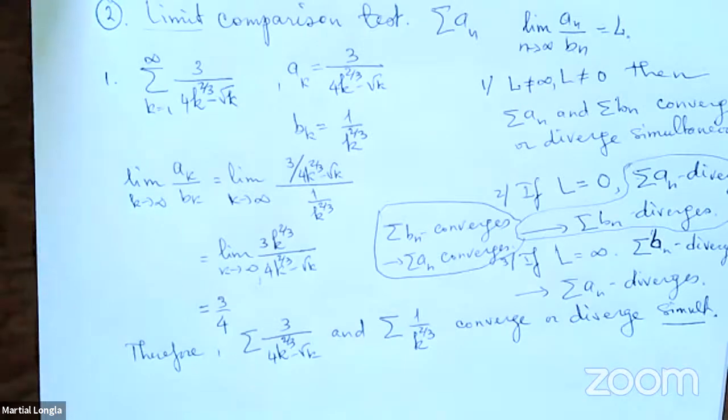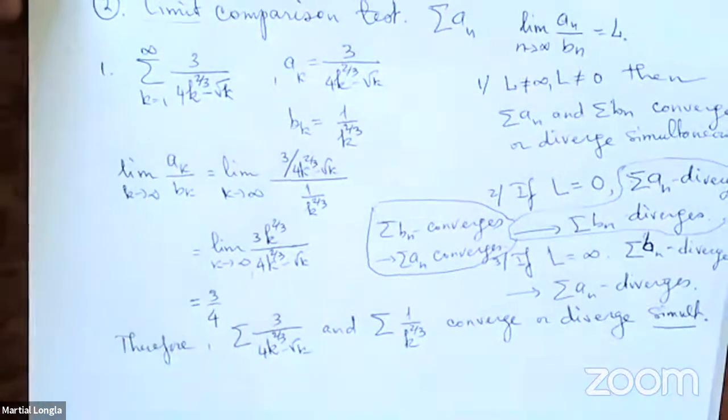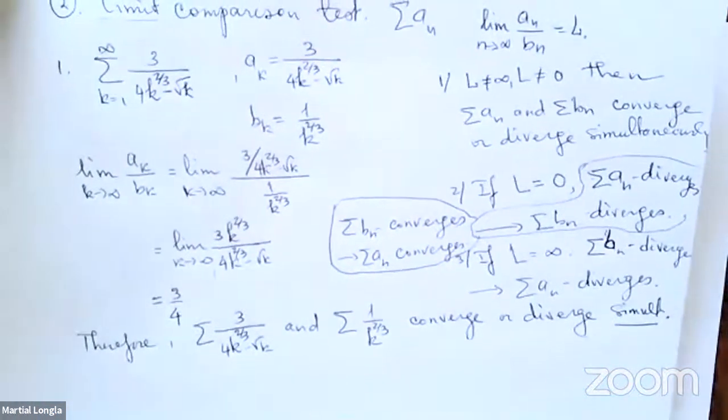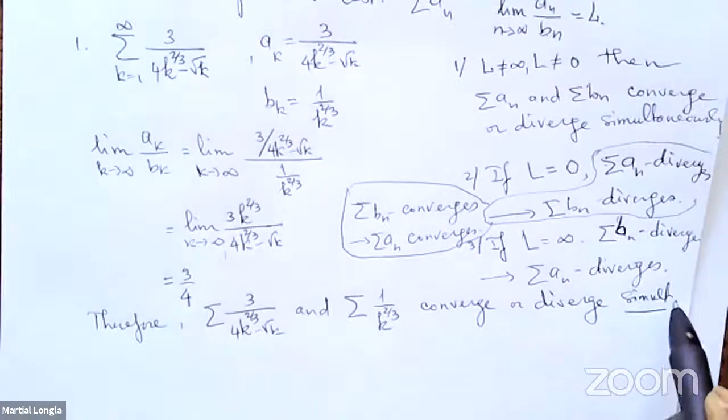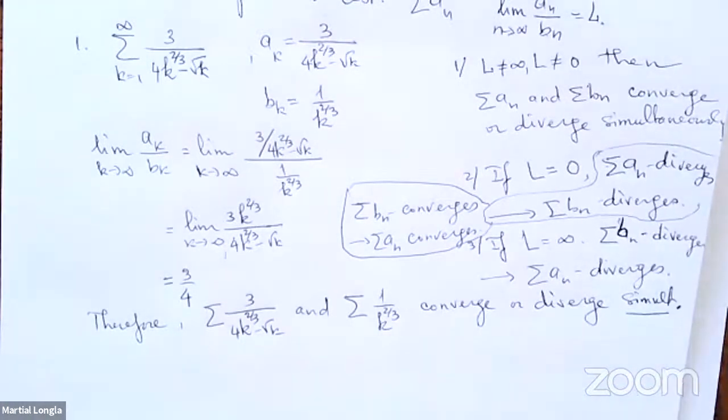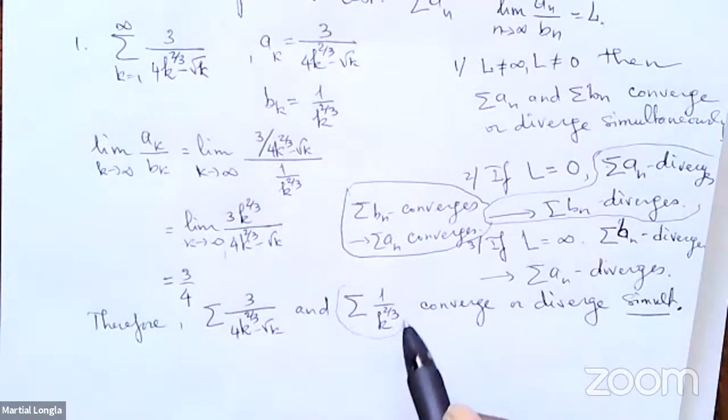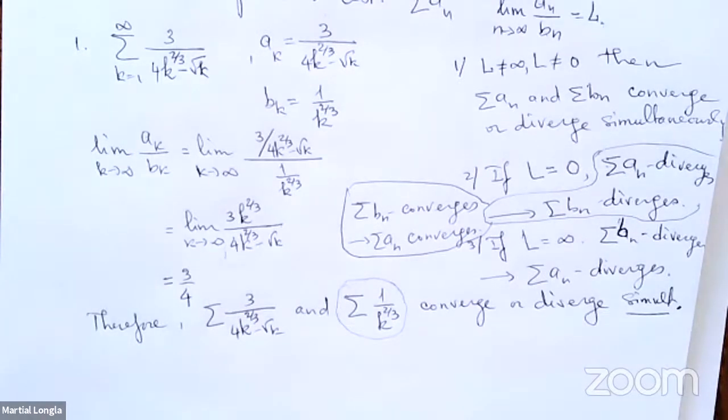So that's what the theorem would tell you. For this case, they converge or diverge simultaneously. You're up to that point, and now you would decide whether they both converge or they both diverge based on what you decide for this series. Does this series converge or does it diverge? And then you will conclude for the other one.